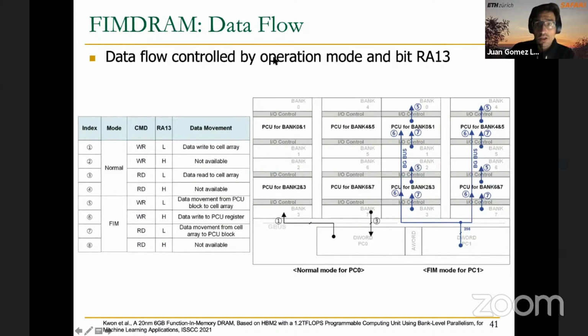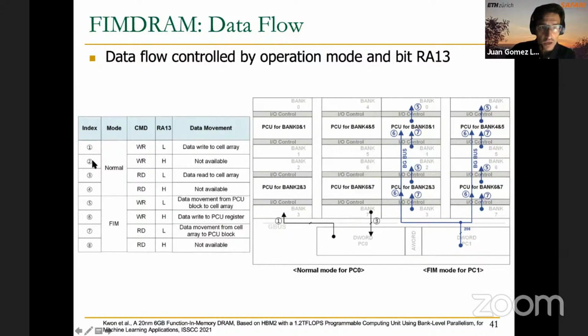The data flow is controlled by the operation mode, either single bank or multiple bank and PIM, and one specific bit in the row address, bit 13. Depending on the operation mode, the value of the actual command, either read or write, and the value of bit number 13 of the row address, we see different ways of data movement.